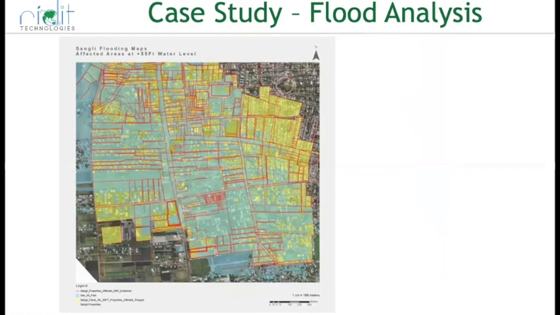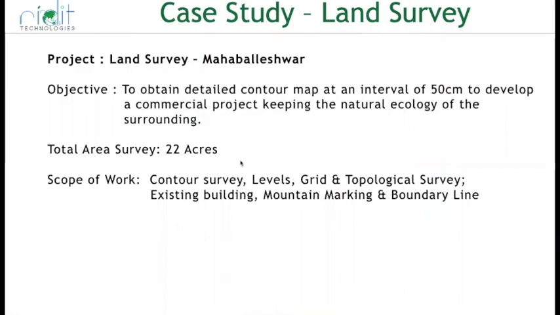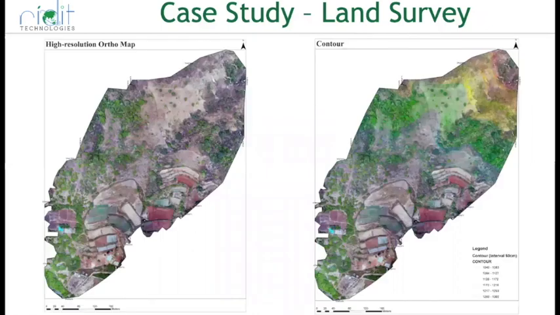Right. So moving to the next one, as I said, we covered an area in Mahabaleshwar. It's very hilly terrain, and the client wanted to develop that project into a commercial project, keeping the natural ecology intact in the surrounding area. That project was very unique in the sense that almost 30% of the area was physically accessible when we did the survey.